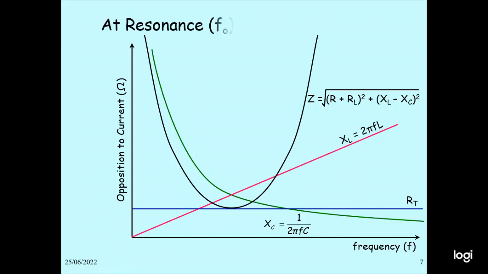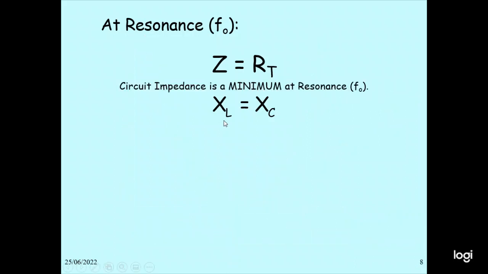And at the resonant frequency f0, Z equals R, XL equals XC. So therefore, at the resonance frequency f0, Z equals R, XL equals XC. So that's where the circuit impedance is minimum, at the resonance frequency.